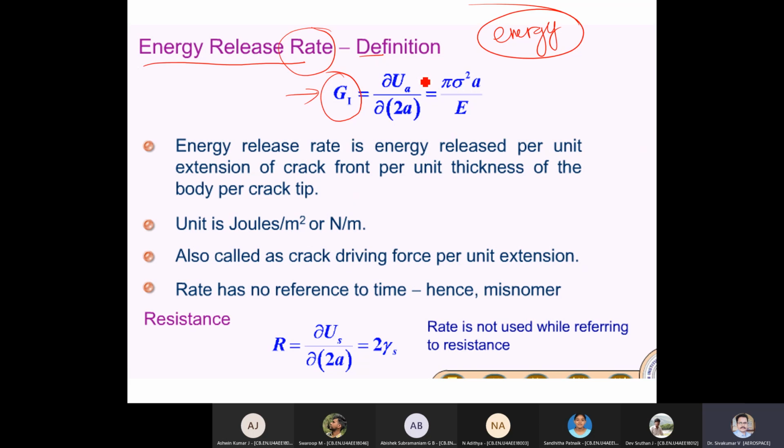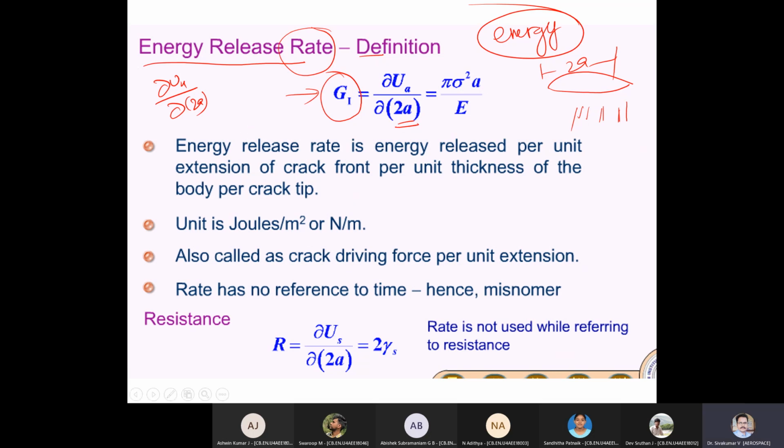Whatever energy you got, for crack length 2A, I want to know per unit length of the crack. That is what you are differentiating with respect to the crack length: ∂U_A by ∂A, where A means it is a 2A.